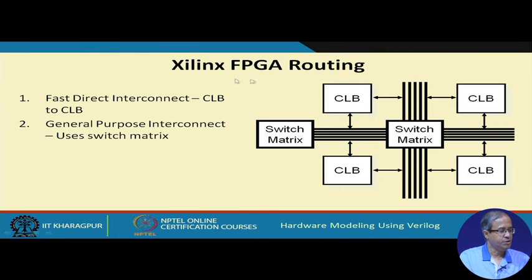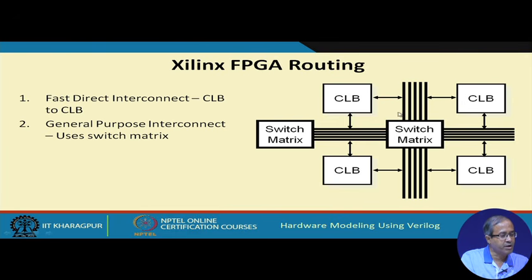And talking about the routing, see these CLBs are there inside which those LUTs are there, and in between there is some space. There are some switch matrices with some finite number of wires that are connected, and this switch matrix is also programmable.